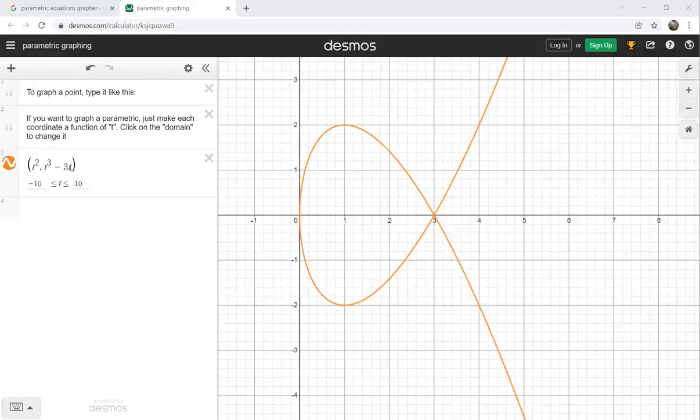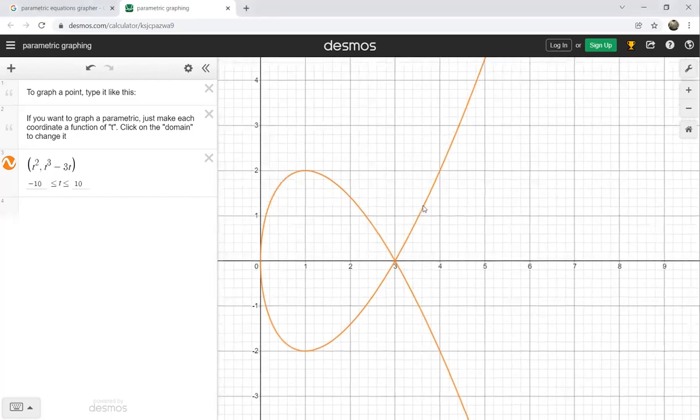The first parameter is t squared and the second parameter for these parametric equations is t cubed minus 3t, and this is the behavior of this graph. So here you get 2 tangent lines at 3 and 0. That's why you have 2 equations for the tangent lines.